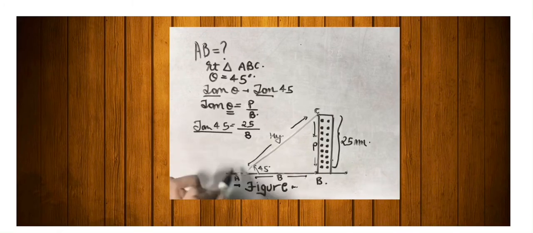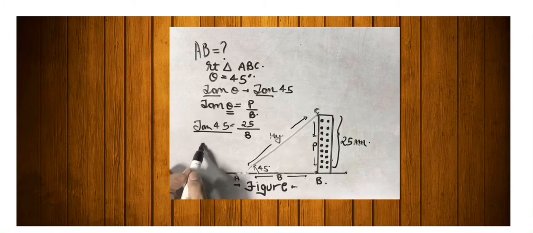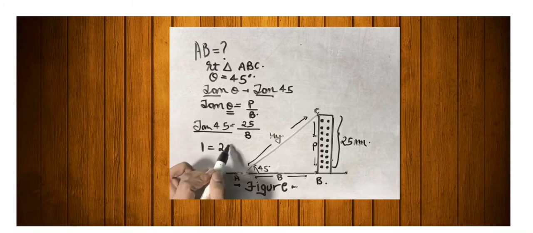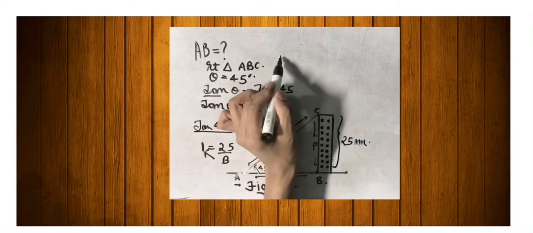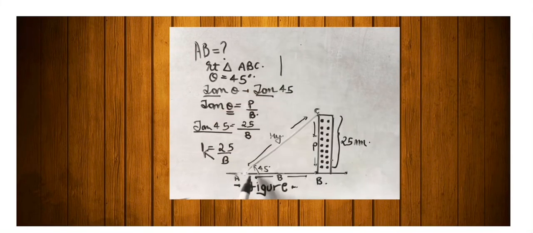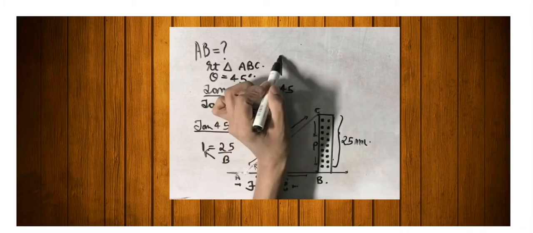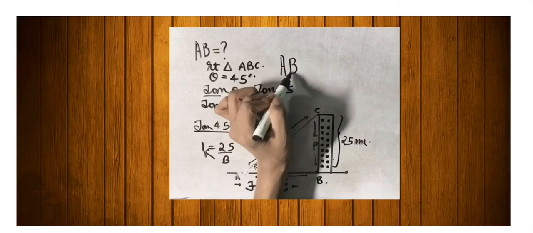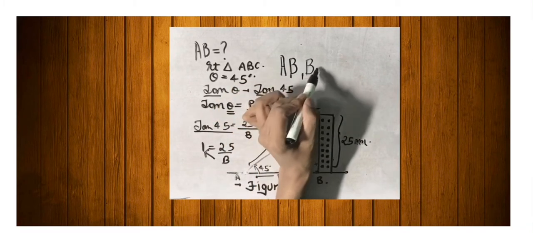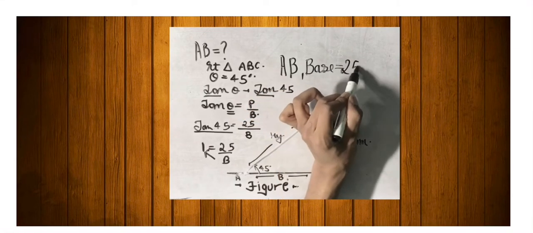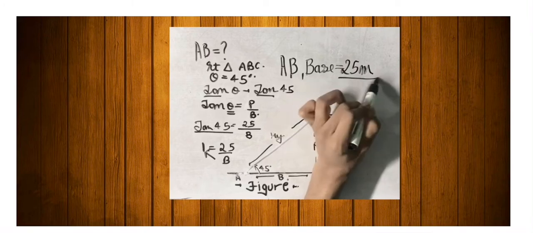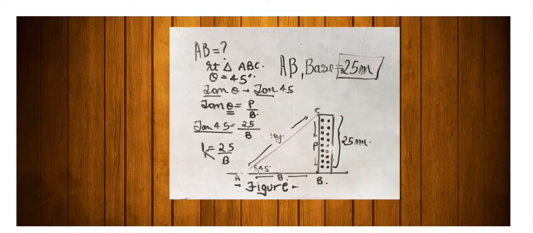Now the value of tan 45 is 1, so 1 is equal to 25 upon B. From here, after cross multiplying, we get that the distance AB, or the base AB, is equal to 25 meters. That is our answer.